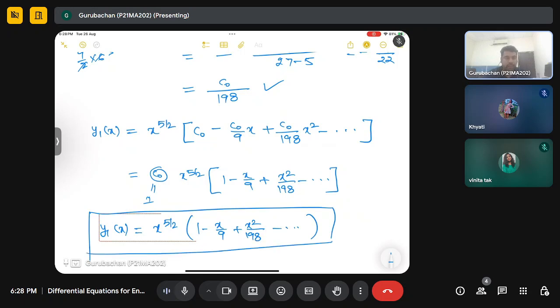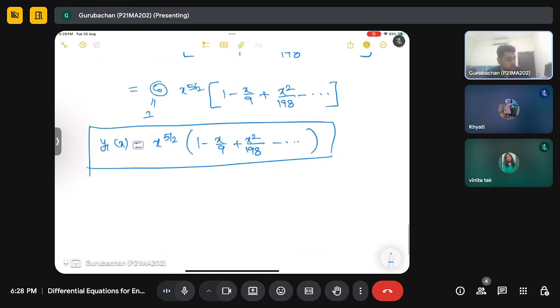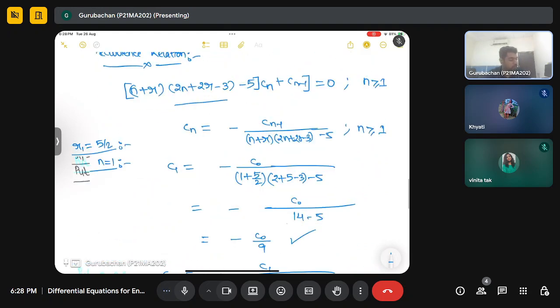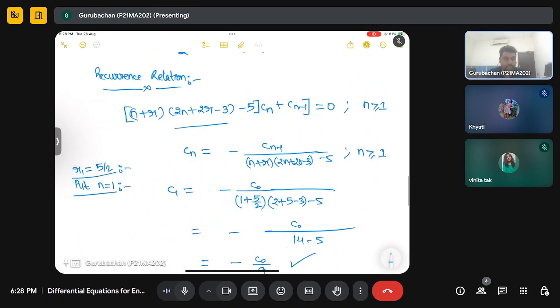We have not completed yet because we have to calculate the same thing with respect to R2. What is your R2 here? R2 is minus 1. Here R2 is minus 1. So we have to use this recurrence relation for R2.